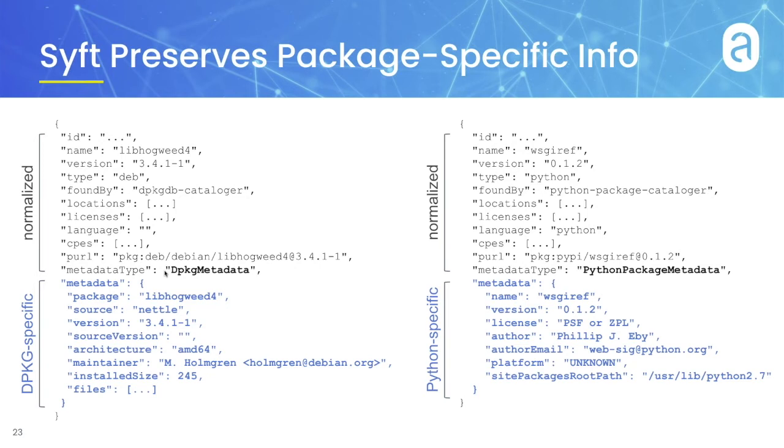If we were to look up vulnerabilities for specifically this libhogweed, we would not find a lot of hits. But if we were to look for the upstream package nettle, we would find more, because the maintainers are tracking a lot of the vulnerabilities in the upstream source package. So that's an example where we want to preserve this ecosystem-specific information for our specific use case of vulnerability scanning. It's very useful to us.